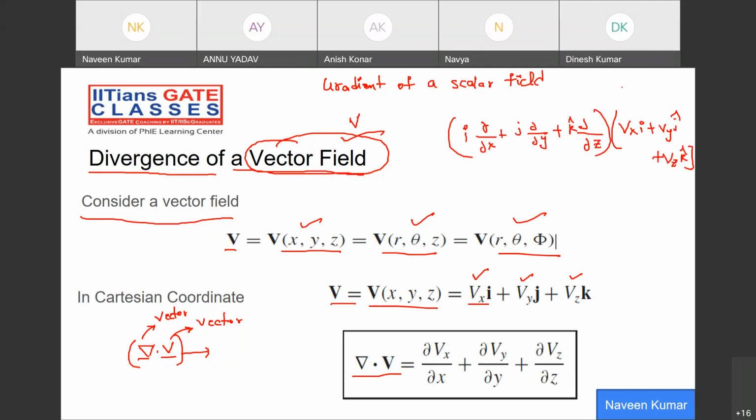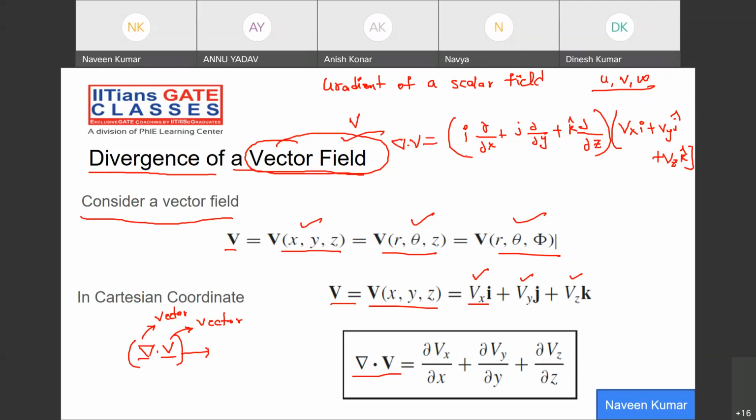There are different notations for the velocity components in different books. You can take u, v, w, which is popular. Small u, small v, small w, you can also use instead of vx, vy, vz. So this is nothing but del dot V.